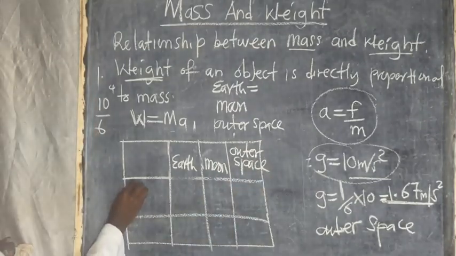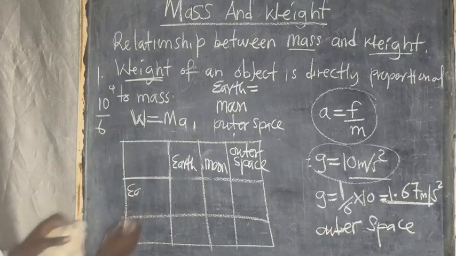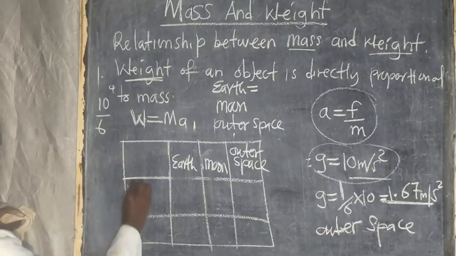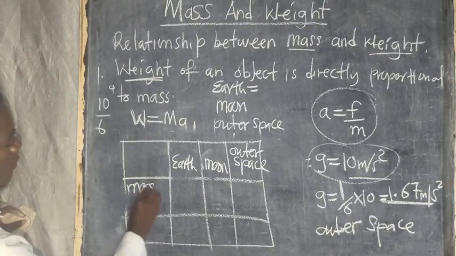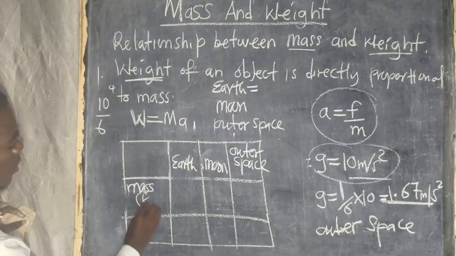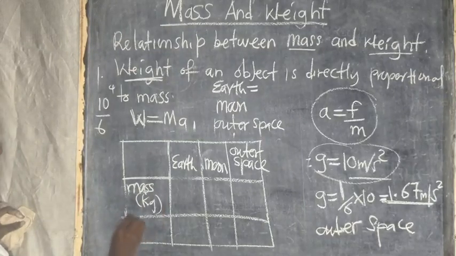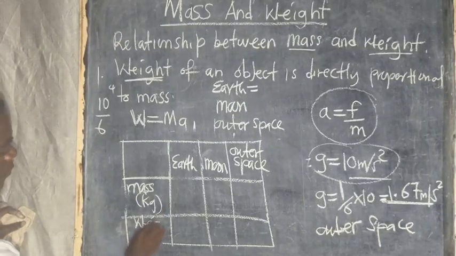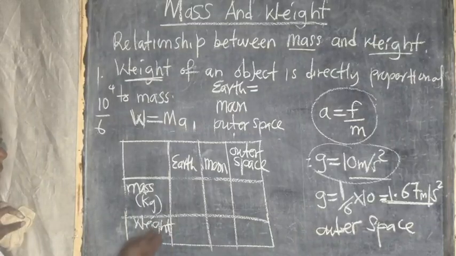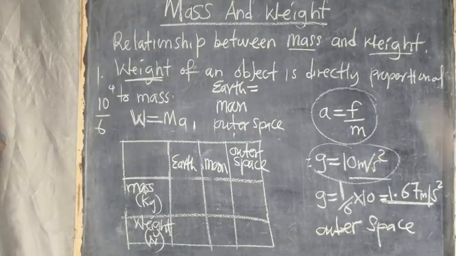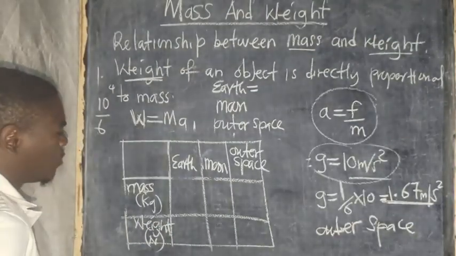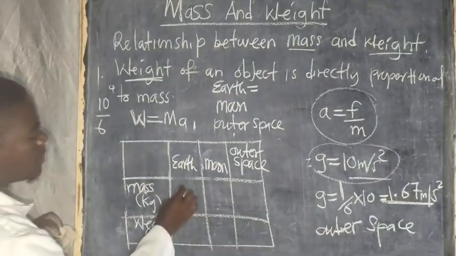So we want to find the mass, which is in kg. Here, we want to find the weight, which is in newtons. According to what we've said, we are using mass as 60.